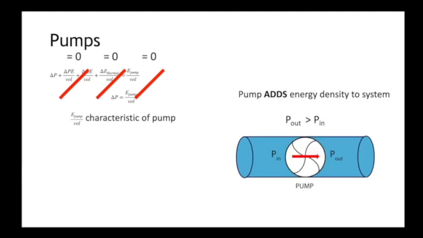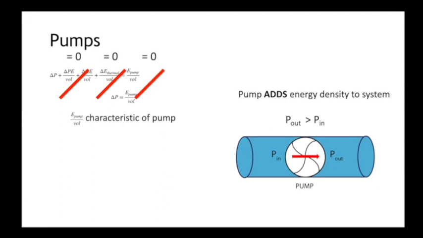And then finally, we have pumps. The pump is another one. There's not really a complex equation that goes into it. It's just that if there is one there, you get an E pump over volume term. Sorry, I don't know why the formatting is kind of off in here. But in this case, we're just assuming that we have a pipe, and the only thing there is a pump.